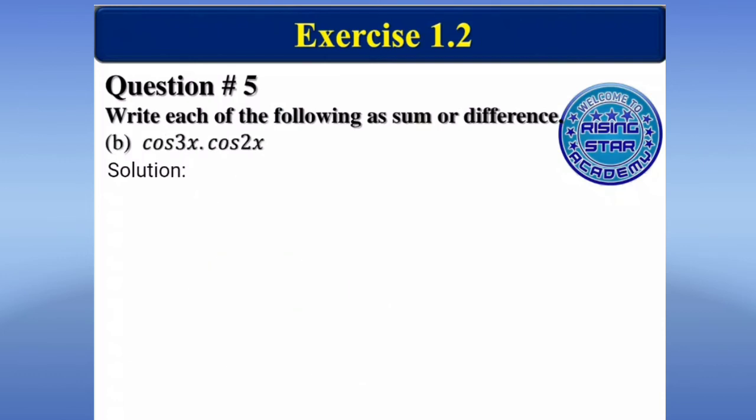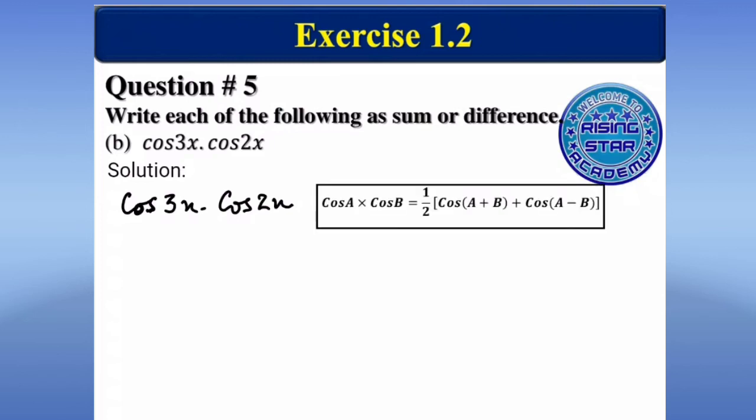Here we have part B, cos of 3x into cos of 2x. So we will write it. Here I would apply this identity.